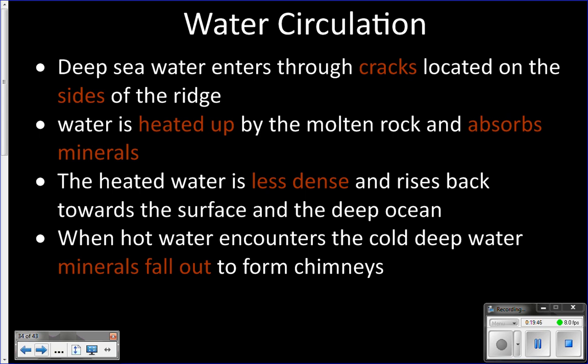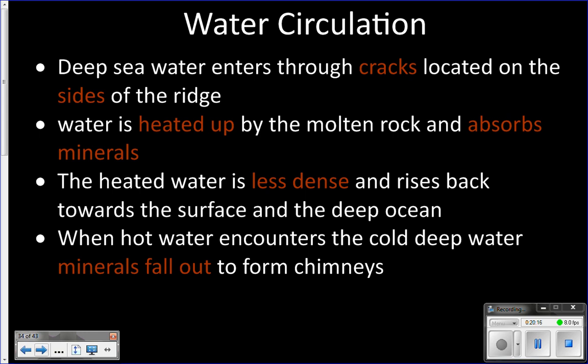So that water, which is cold, now gets heated up, okay, and it's absorbing minerals because it's in the crust of the earth, gets heated up, becomes less dense, and now starts to rise back towards the surface of the crust, and emerges out through the mid-ocean ridge. So when that water comes out, it is super hot, it is full of minerals, and it's very acidic.